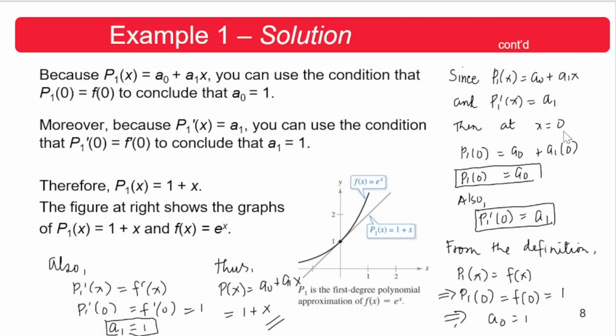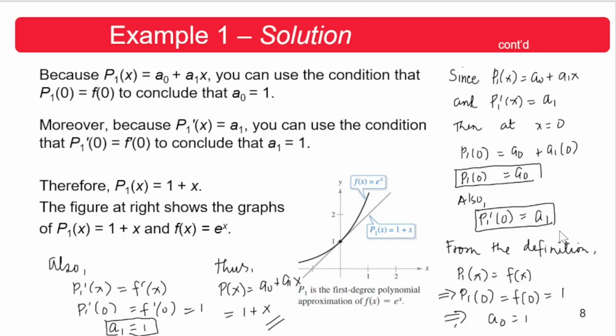Then at x equals 0, the value of the function, by substitution, is a sub 0 plus a sub 1 times 0. Because this is 0, the value of the function at 0 is a sub 0. Also, the value of the first derivative at 0 is equal to a sub 1.